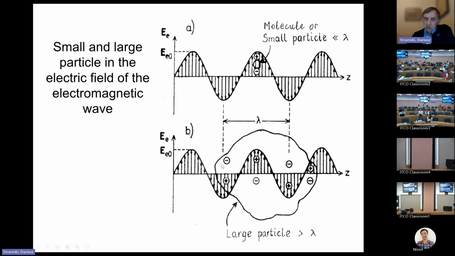So you can imagine there are very many pairs of positive and negative charges distributed within this particle, and each of these pairs of charges, or dipoles, which then produce a scattered field, experience different incident fields. So you would expect that the scattered field produced by this collection of dipoles, experiencing at any instant of time different incident electric fields, will be a much more complex scattered field than in the situation where a very small particle or molecule is being considered.